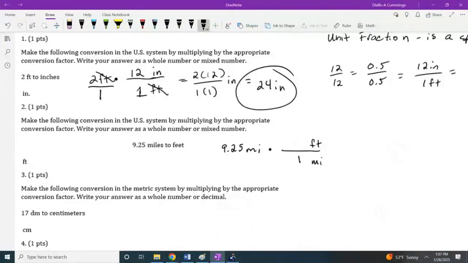So 1 mile is 5,280 feet, right? So that's my special form of 1, right? Anything over itself is 1. So now that I have my unit fraction set up, I'm going to cross cancel. So the unit of miles cancel.